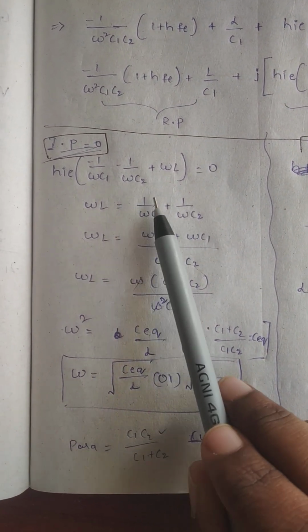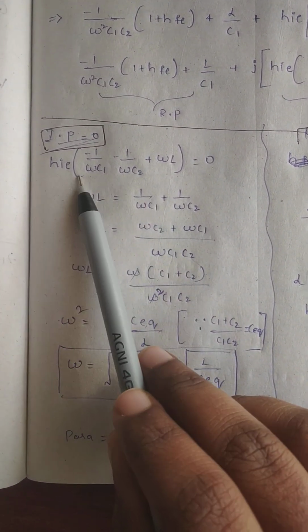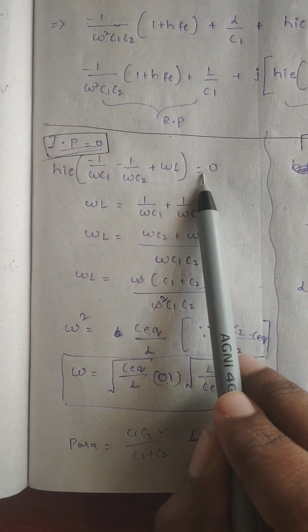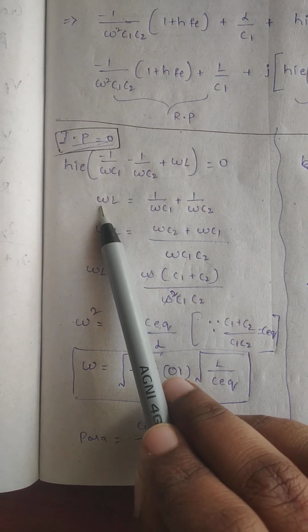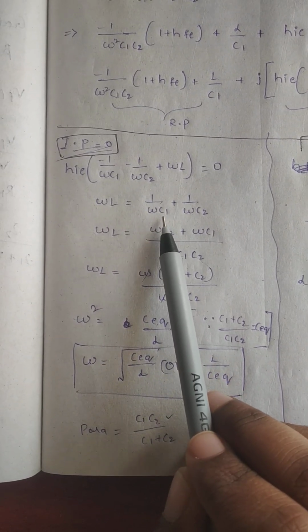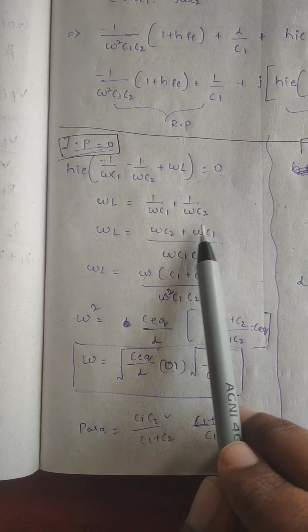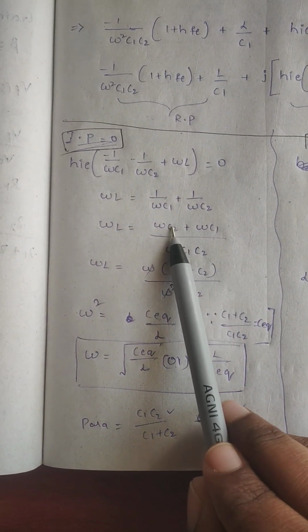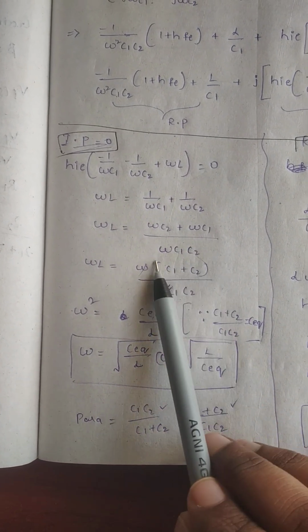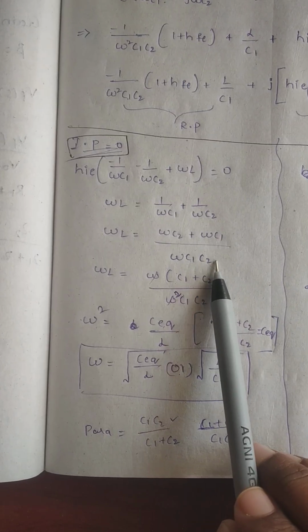Omega L is equal to 1 by omega C1 plus 1 by omega C2, as HIE when it comes to this side divides and becomes 0. Cross multiply this, we got omega L is equal to (omega C2 plus omega C1) by omega square C1 C2.